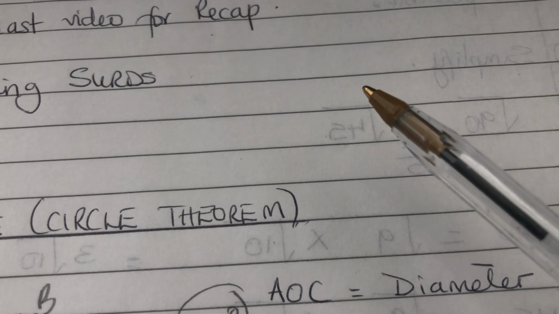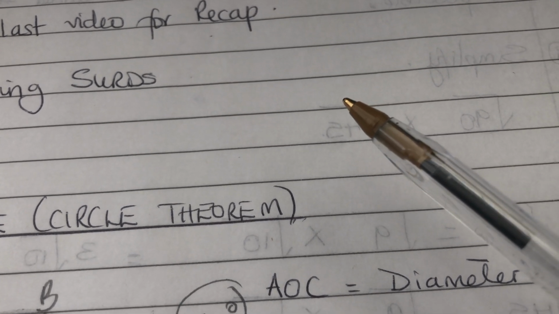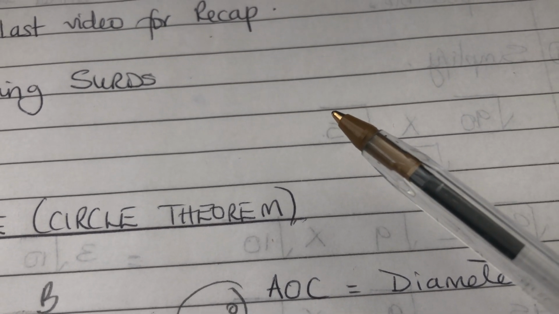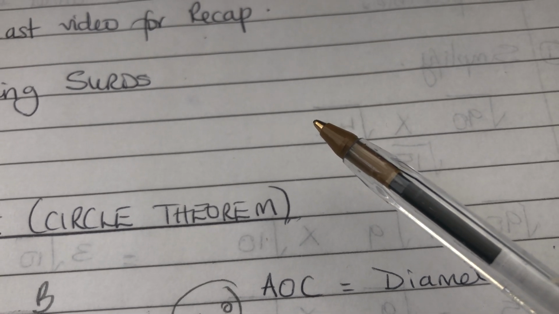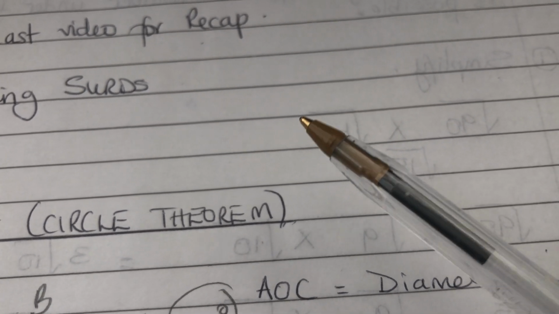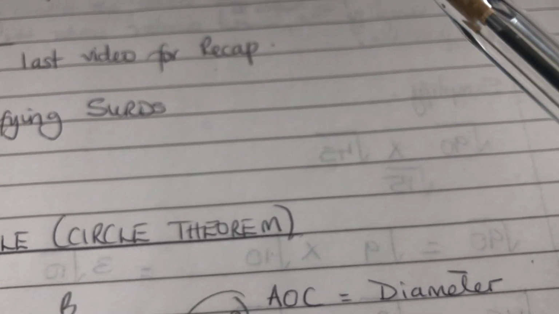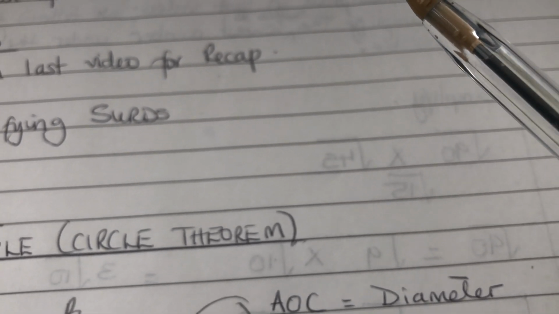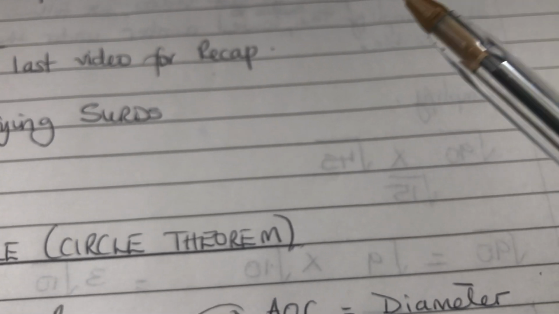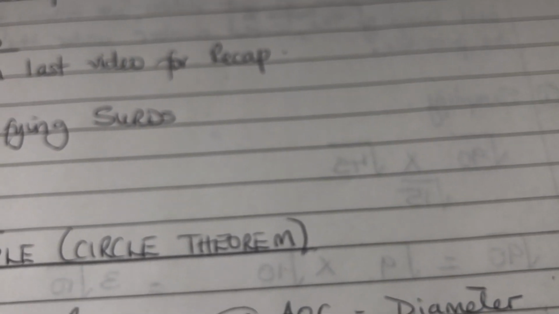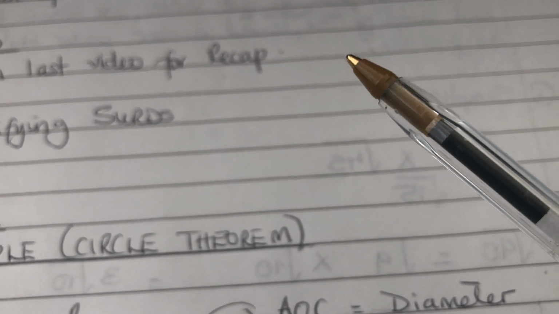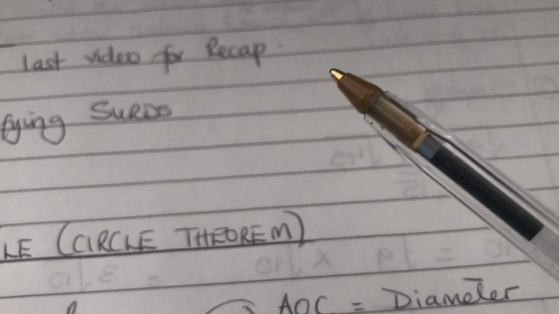With surds, it's not like graph work where you can show a lot. It's like circle theorems, when you learn it little by little. If you look at a lot of surds, you'll be confused. All you need is the introduction and the rules.